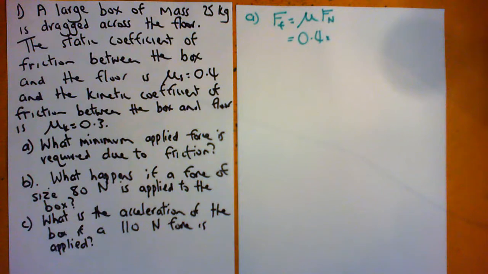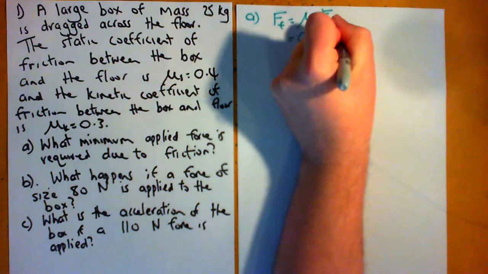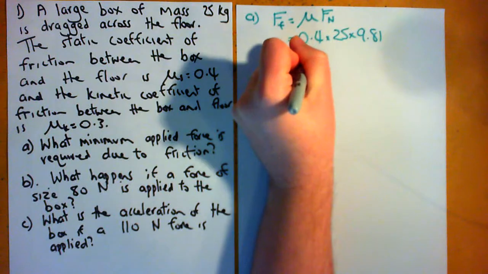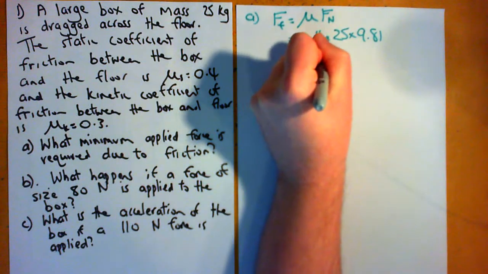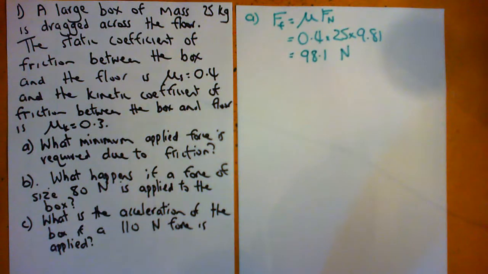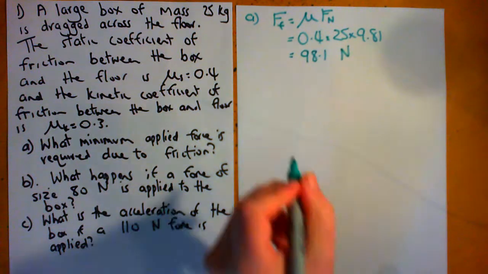So the normal force in this case is the same as the weight force, which is 25 times 9.81, and that is 98.1 newtons. Okay, so the force due to friction is 98.1 newtons.